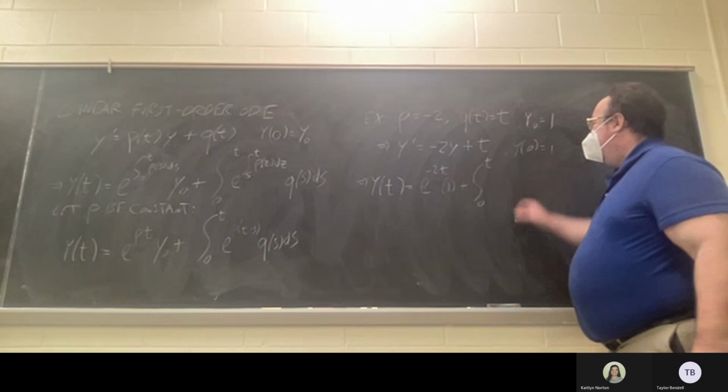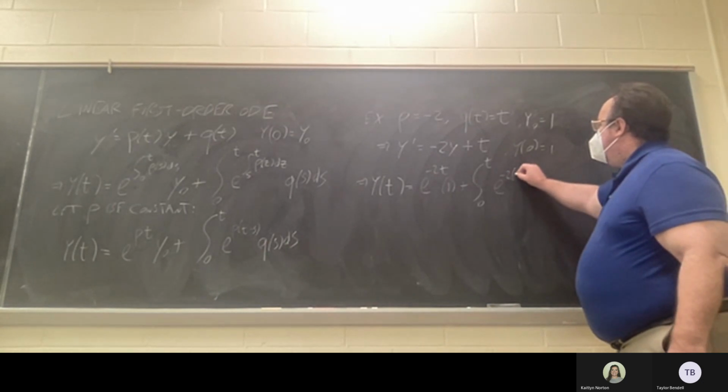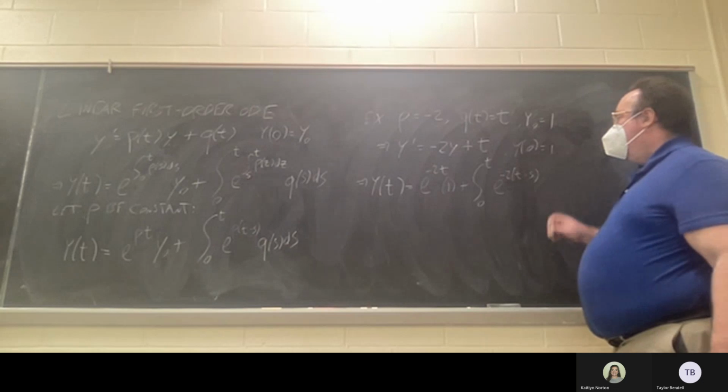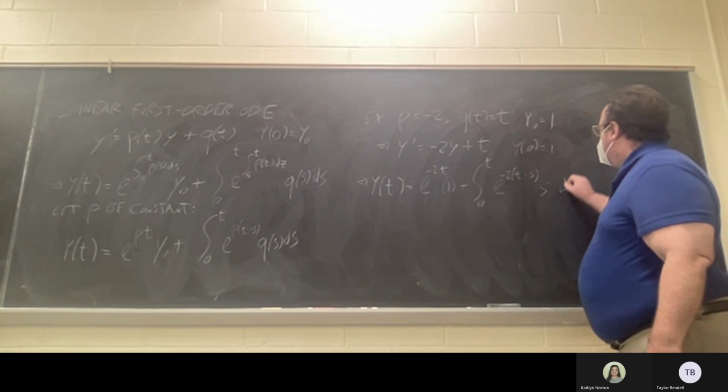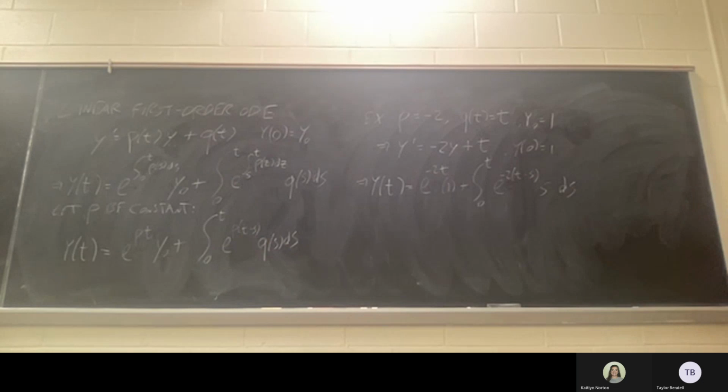So then I have e to the -2 times t minus s, times s ds. This is a solution, but in a class like that, you'd then have to finish the job by working out the integral. So let's take a look at that.